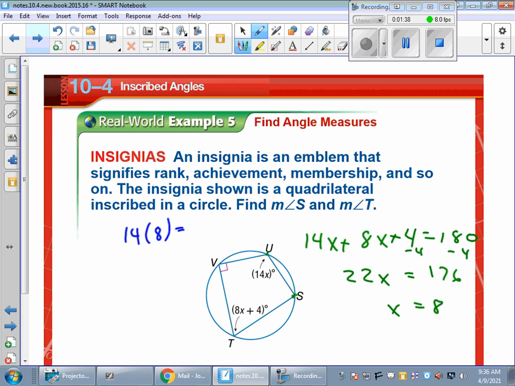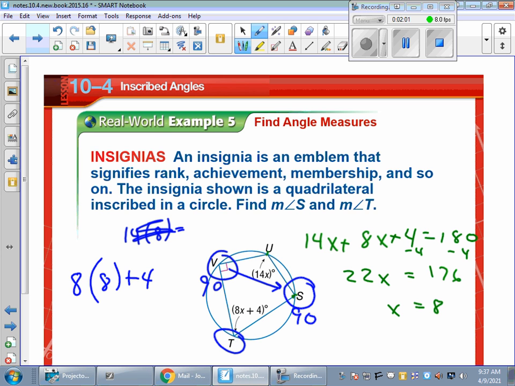So x was 8, correct? They asked for S. Sorry. They asked for S and T. Oh, okay, there we go. My bad. So angle S is going to be 90 because this is 90. 90 and 90 is 180, so that's 90. And for angle T, we're going to go 8 times 8 plus 4. 64 plus 4. This is 68. Great.